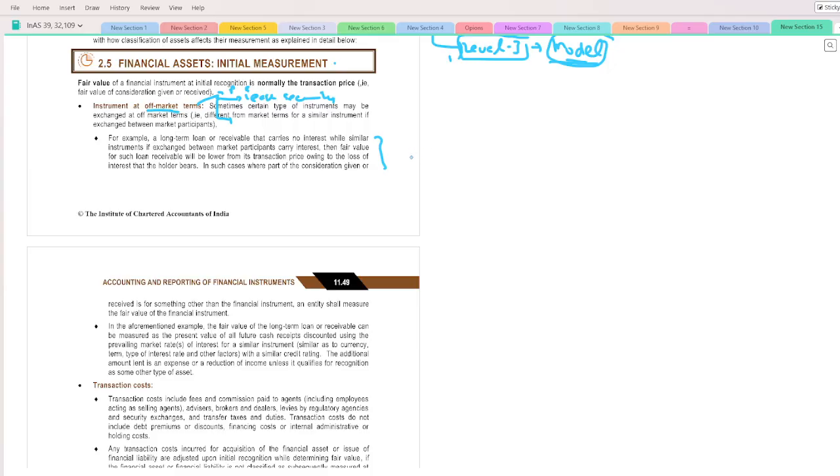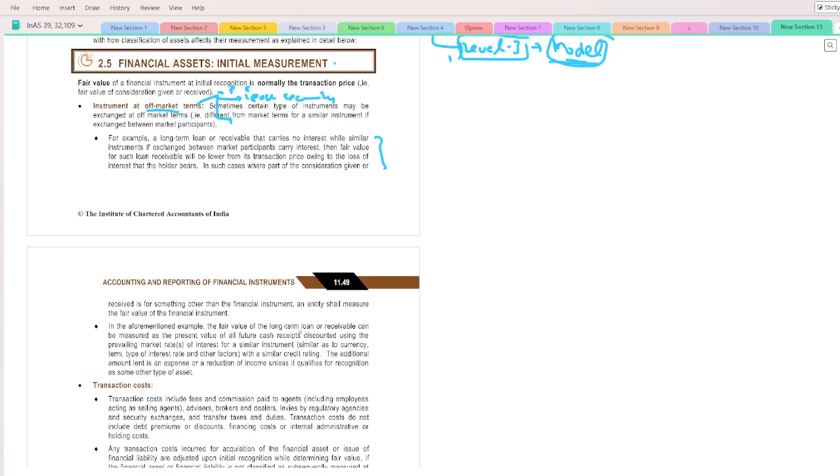The security deposit which is interest free, that example fits into what it is trying to say. So in the aforementioned example, the fair value of the long-term loan or receivable can be measured as the present value of all the future cash received. This is how the fair value will be determined. You will be discounting it at the market interest rate on that principal amount if it is an interest-free loan.